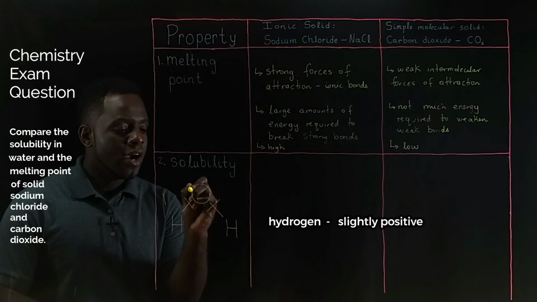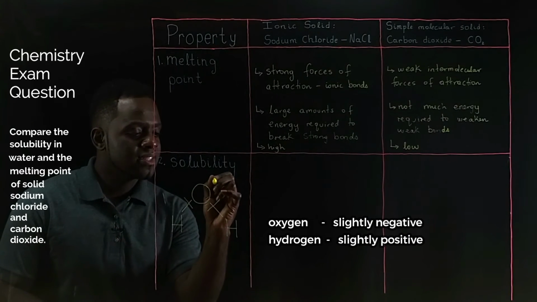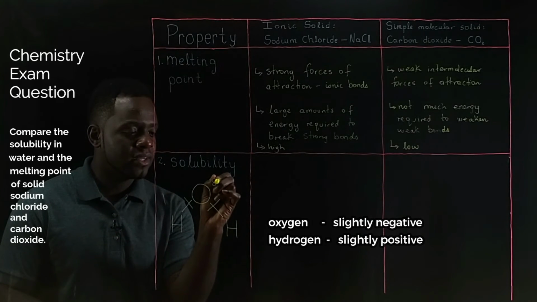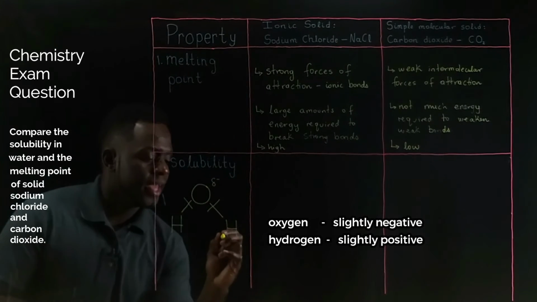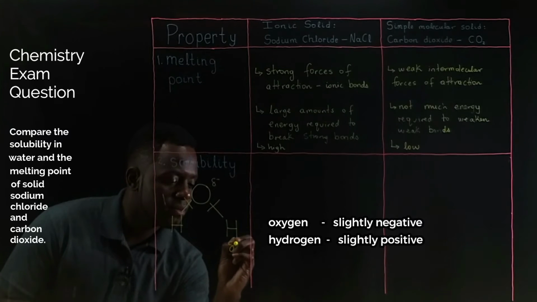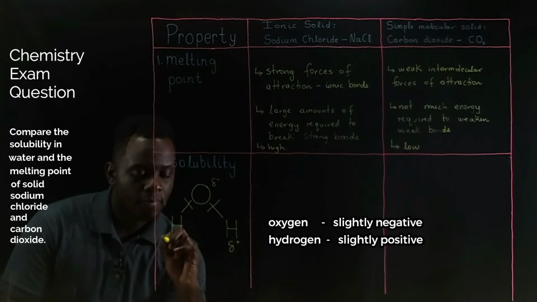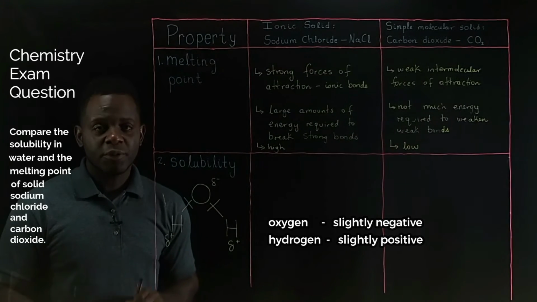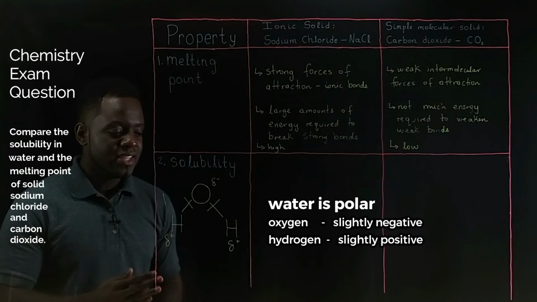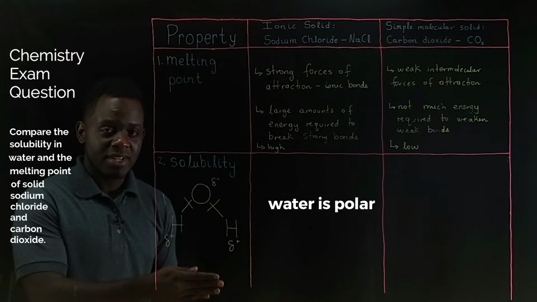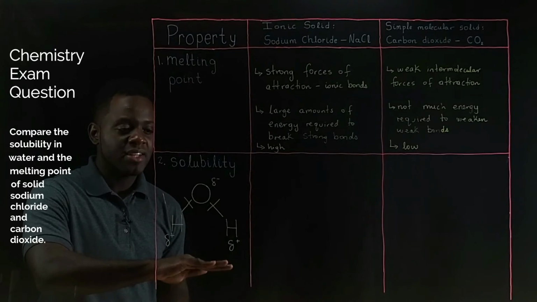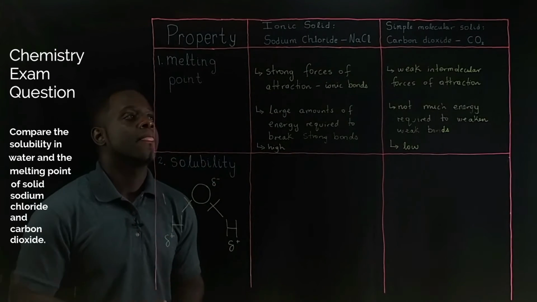Therefore, the oxygen atom develops a slightly negative charge, represented by our delta with a negative sign here, and the hydrogen atoms develop a slightly positive charge. Therefore, water is a polar substance. It has two poles, a positive side and a negative side.